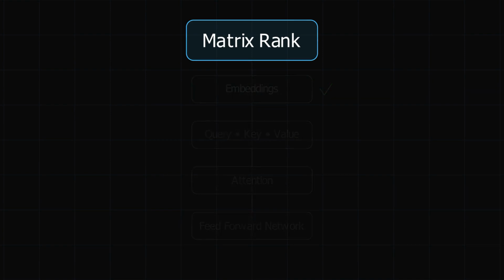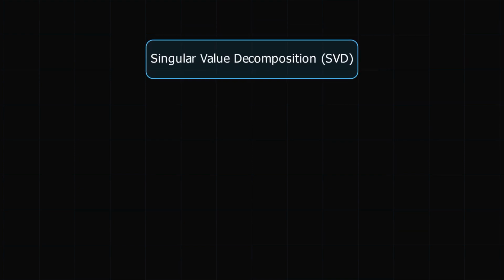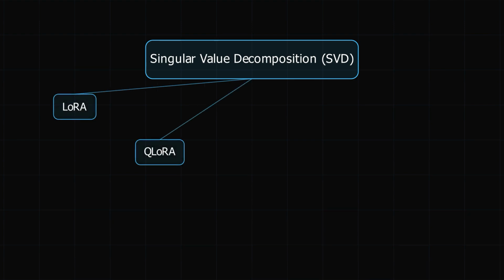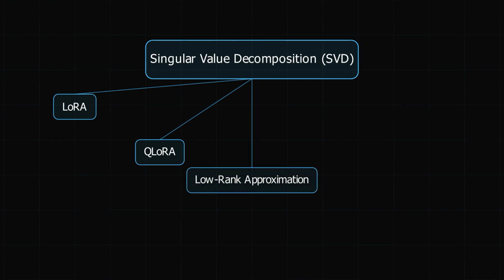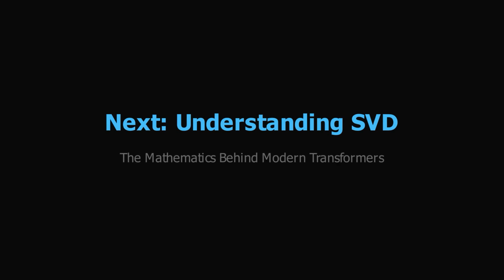Every one of them has a rank, and one mathematical tool lets us understand exactly how these matrices store information: singular value decomposition. Once we understand SVD, ideas like LoRA, QLoRA, low rank approximation, and model compression become almost obvious. That's exactly what we'll explore next.